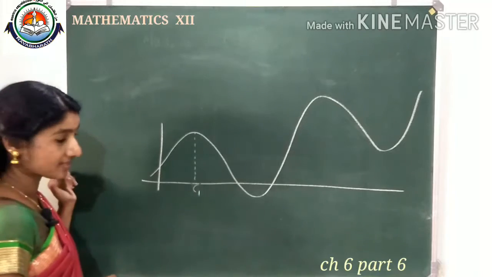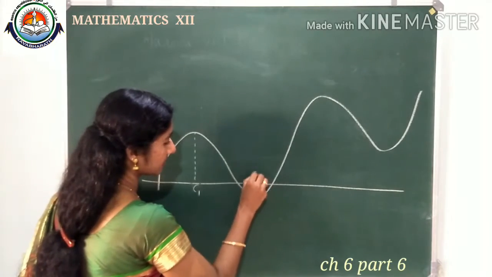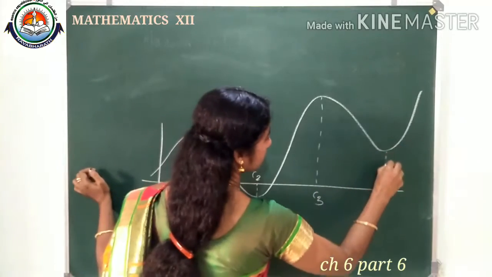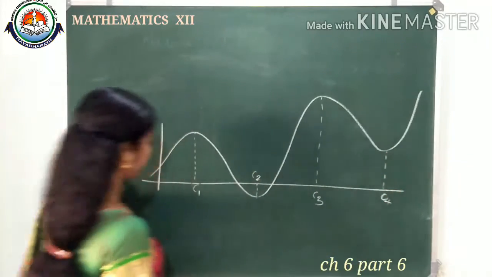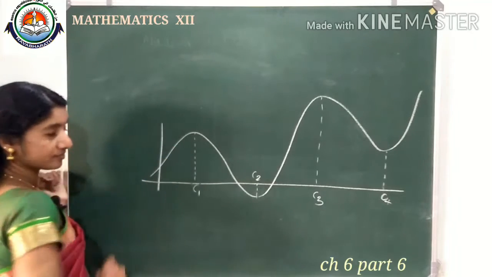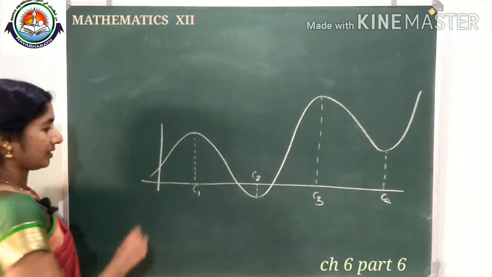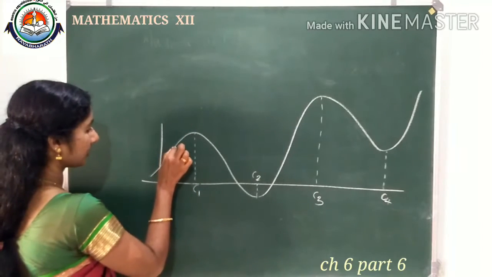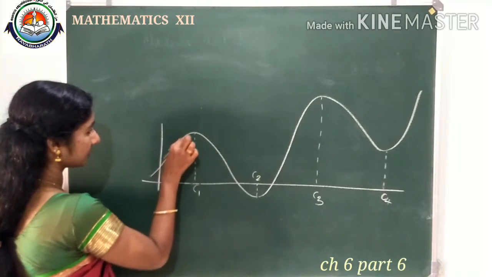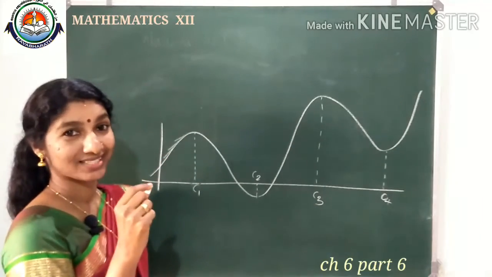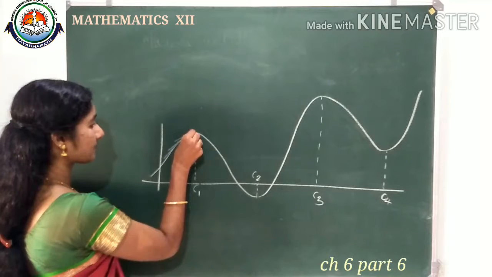This is one point C1, we already marked C2, and this point is C3 and this point is C4. Here, see, what about the tangent and its slope? We know here it is showing increasing nature, and the tangent comes like this. Here the slope of the tangent is positive.